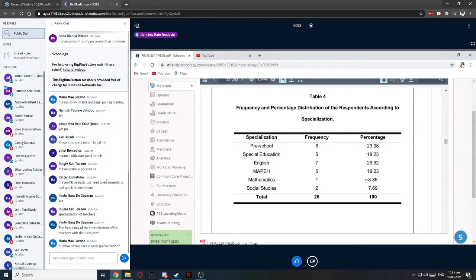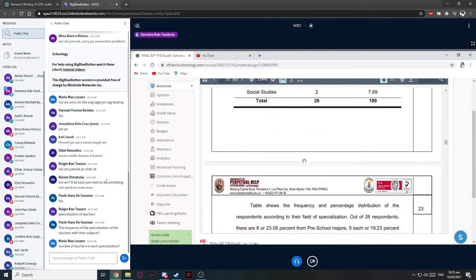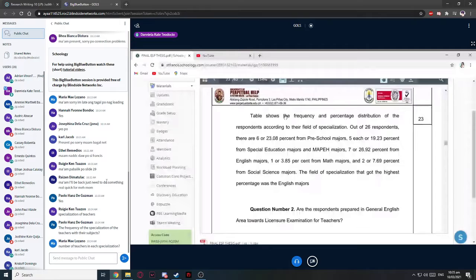Now, if we're going to read the text without looking at the table, we'll have here our textual presentation. Table shows the frequency and percentage distribution of the respondents according to their field of specialization.